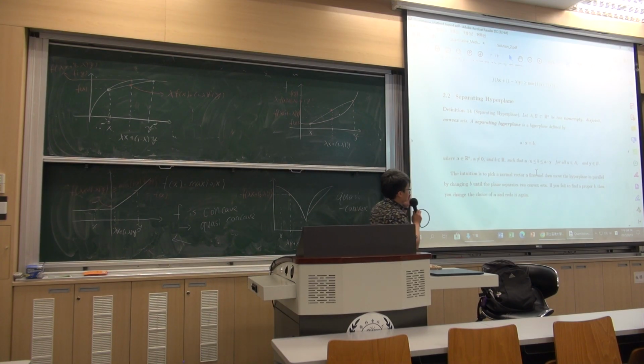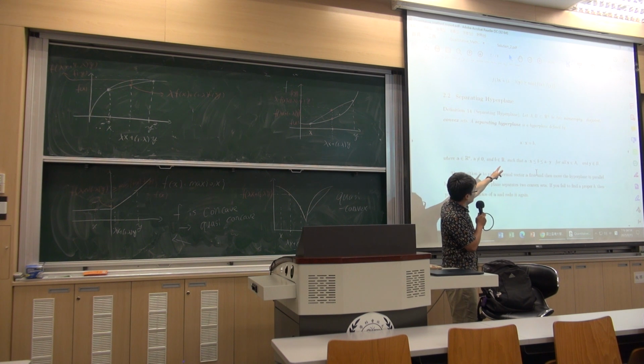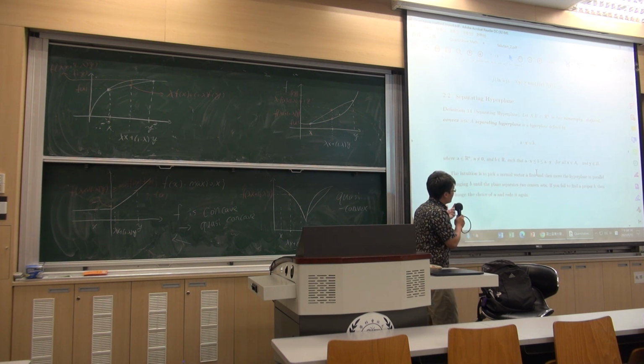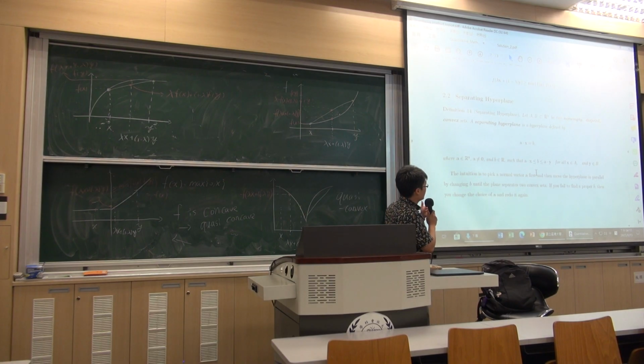We already showed how to construct a hyperplane, which is the inner product of a fixed non-zero vector with all the points in the space, and that equals a certain number b.